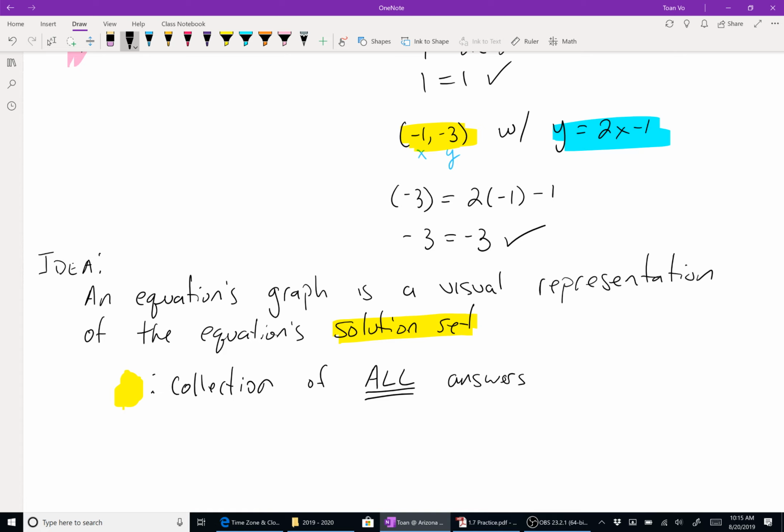So that's what a graph is. When we look at a line in this particular instance, we're actually seeing every single answer to that equation, every single x and y that makes that sentence true. Which is why when we graph a line, it is very, very precise. It follows a nice, neat pattern.